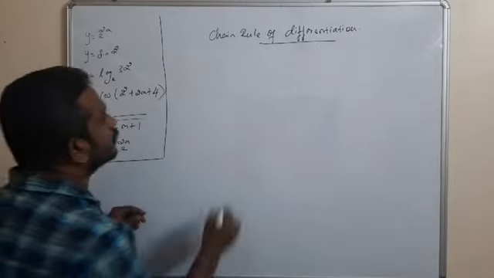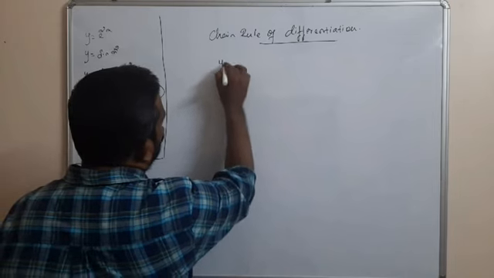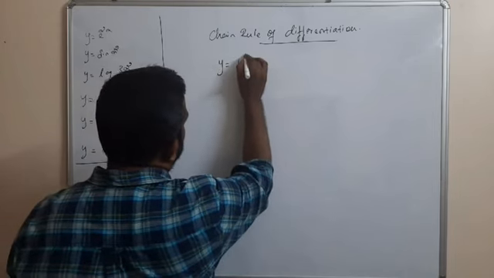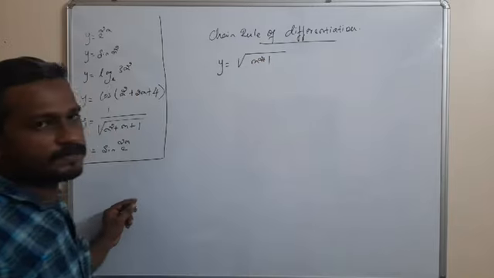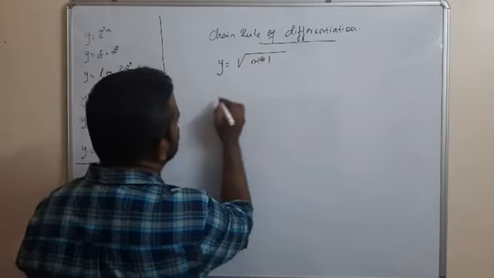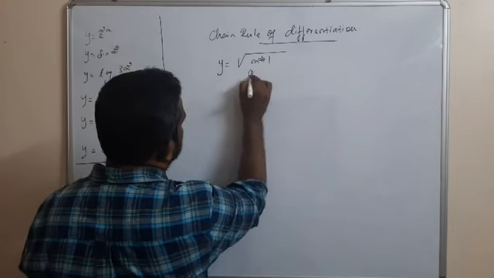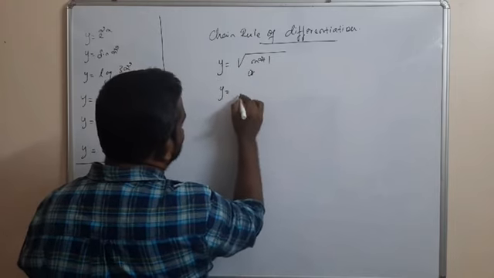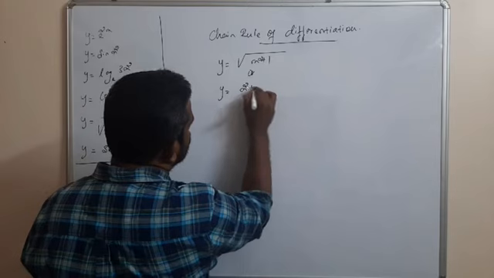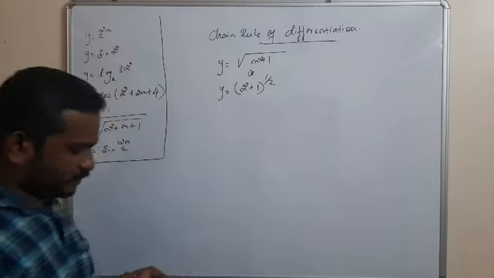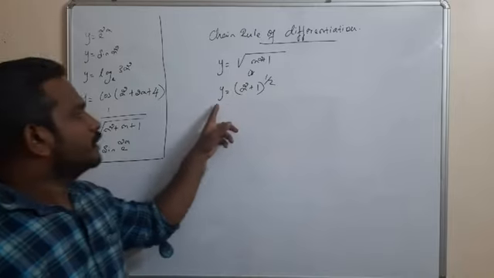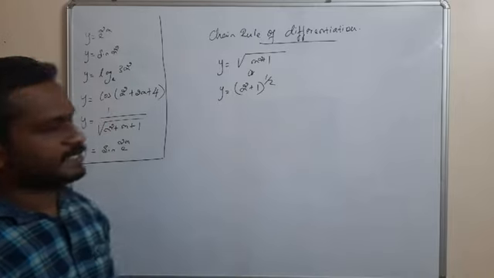Suppose y is equal to root of x square plus 1. Otherwise we can write y is equal to x square plus 1 the whole power 1 by 2. So here y is the function of x.